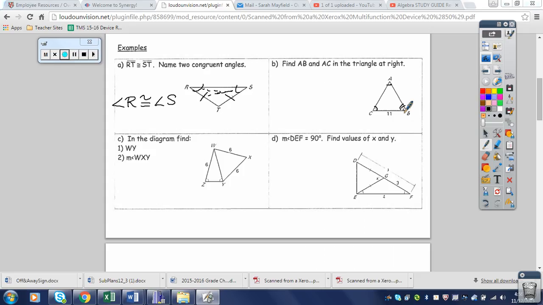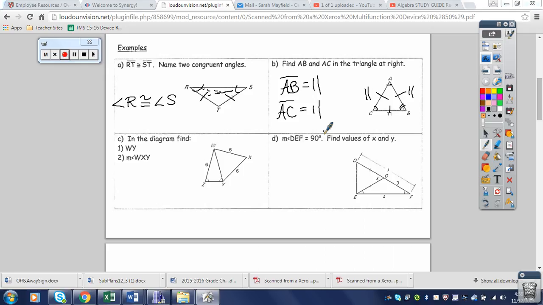So equilateral means all my angles are congruent and all my sides are congruent. So if this side is 11, what can you conclude about AC? Well, that's 11 too. What about AB? Well, that's 11 too. So AB equals 11 and AC equals 11.